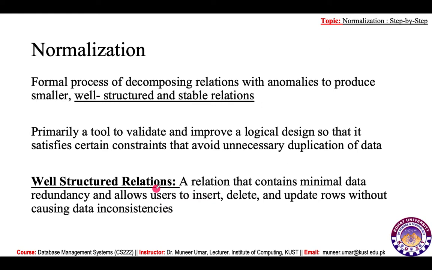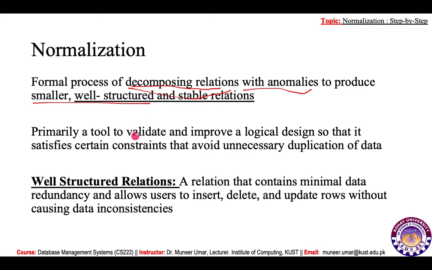Normalization is a formal process of decomposing relations with anomalies to produce smaller, well-structured and stable relations. If there are anomalies in the database tables, they are most probably due to redundancy. So to eliminate the redundancy, we decompose those tables into smaller and well-structured tables.